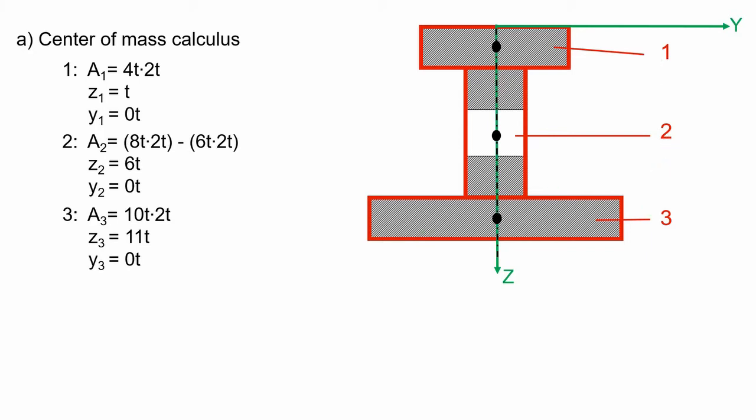We will name the centers of mass of the entire surface y sub g and z sub g. In this case, we have a surface with an axis of symmetry, therefore the y sub g will be 0, because the center of mass of the entire section and the centers of mass of the 3 rectangles are collinear.